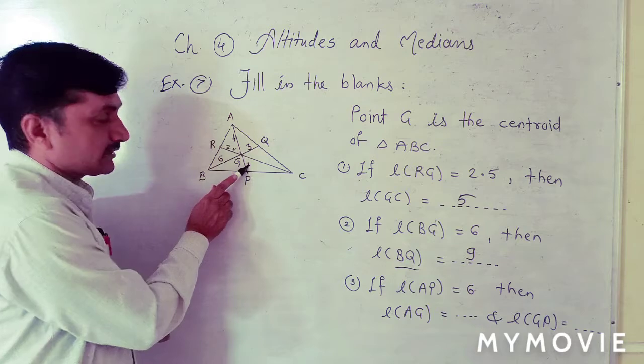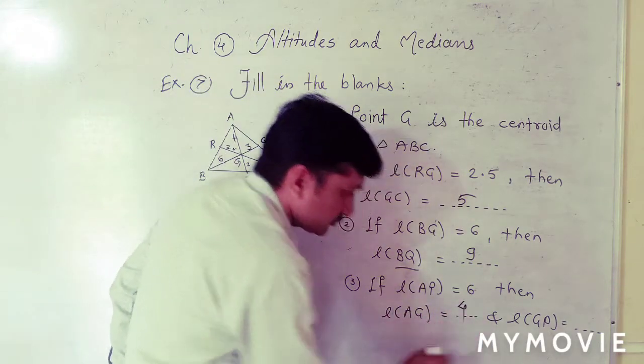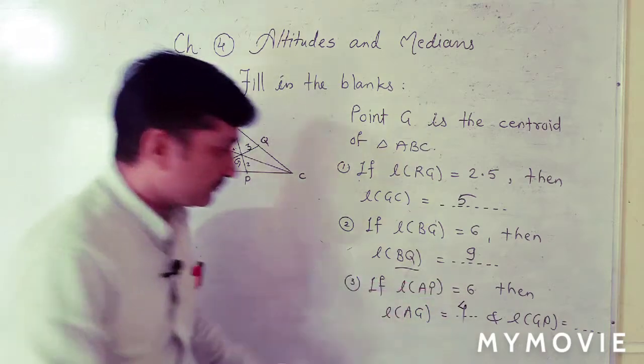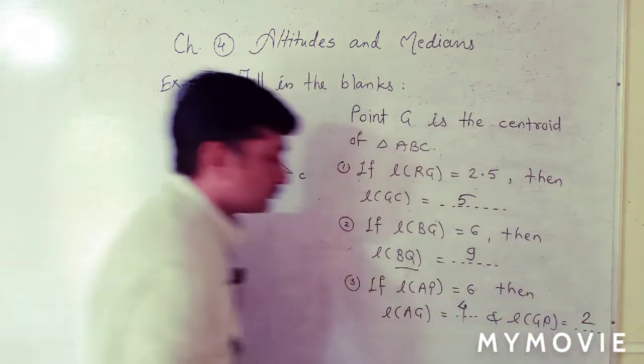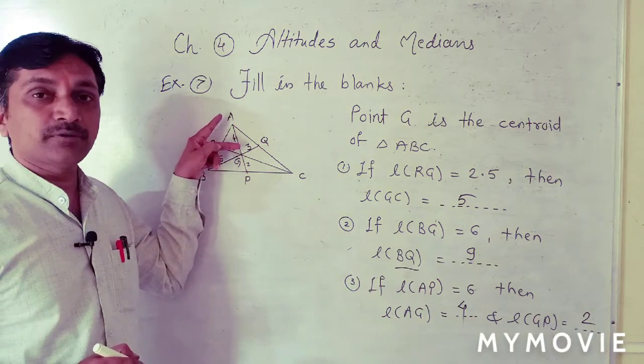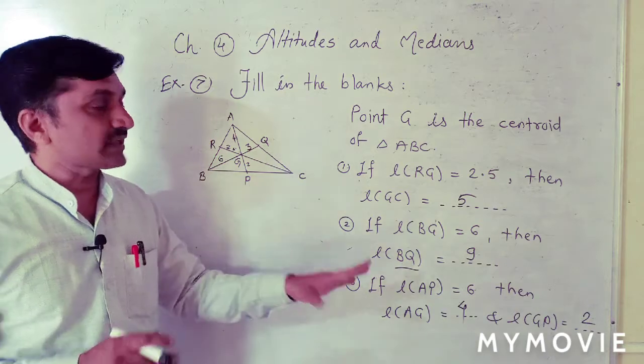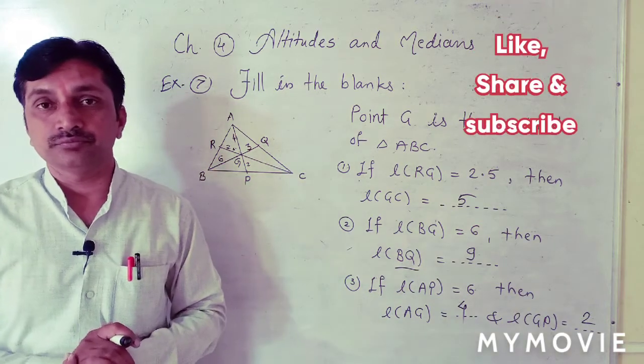And this is double this. It means AG is 4 and GP is 2. In total we get 6 and the upper part is double the down part. In this way, this activity portion is also completed.